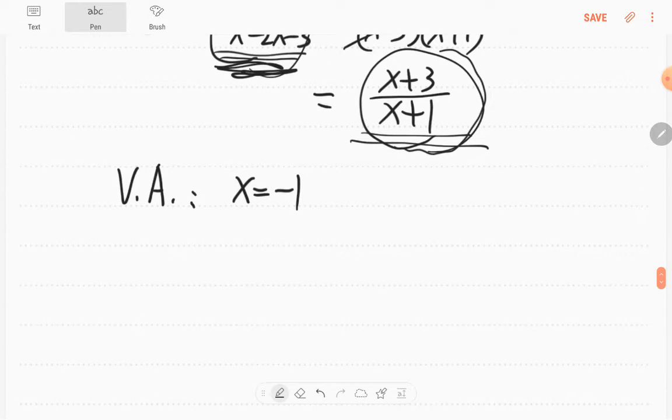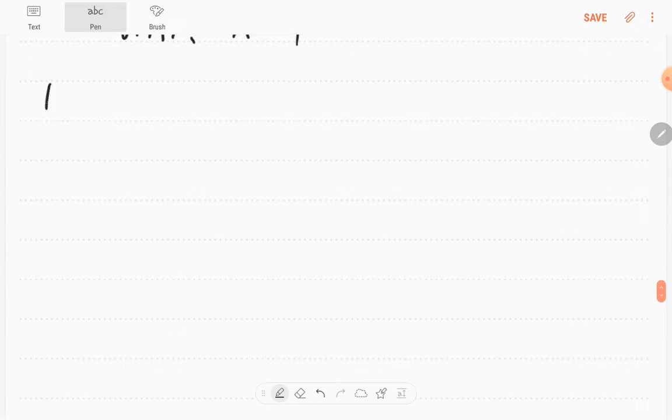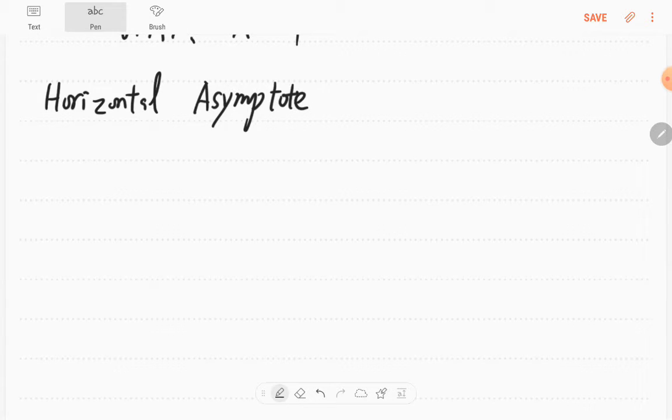So now let's look at another asymptote, which is called the horizontal asymptote. A horizontal asymptote is always equal to y equals some number, b, for example. Because it's a horizontal line, the equation is y equals some constant, right?